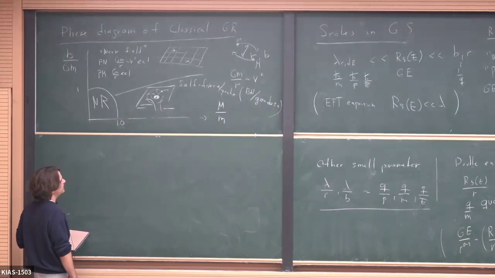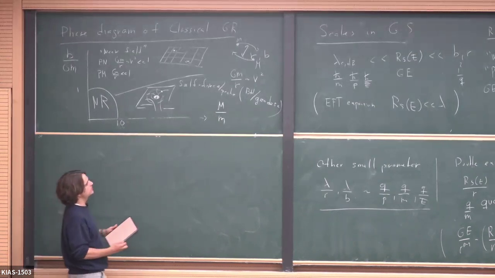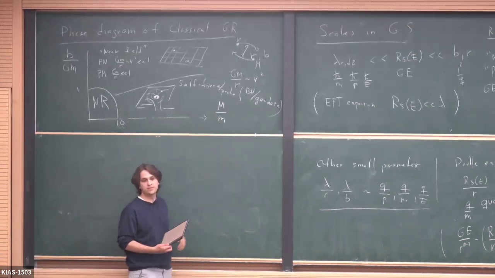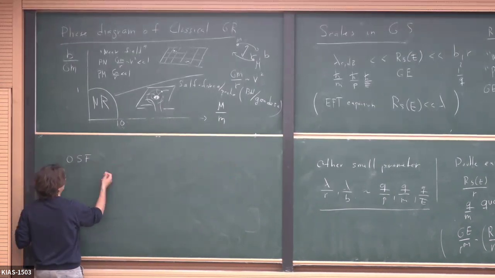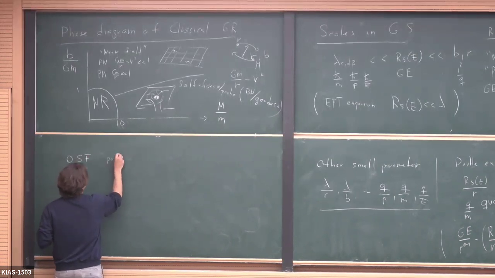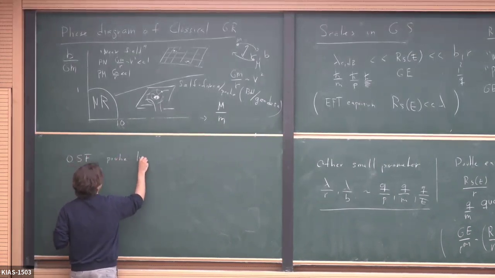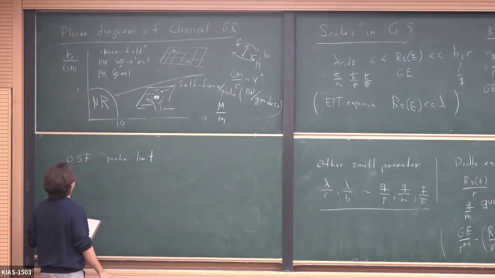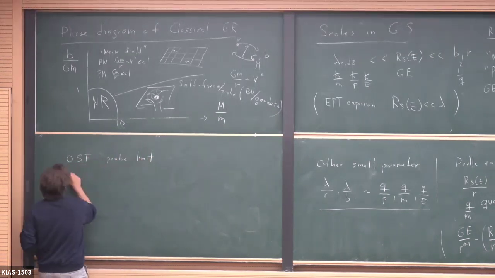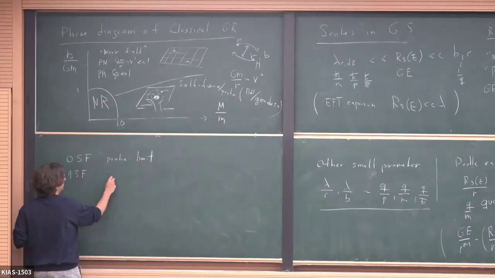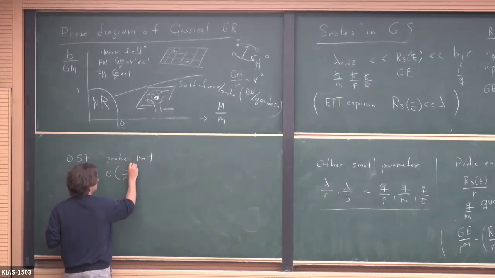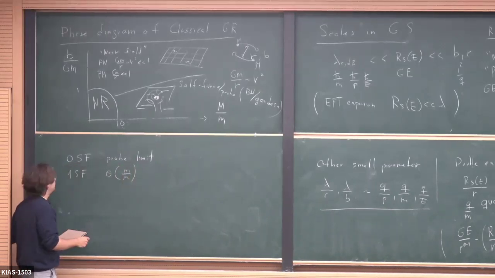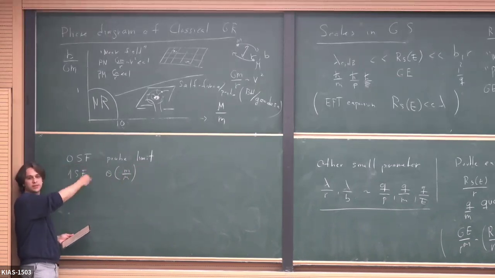So for instance, when we have some object, each correction in this mass ratio we'll call a self-force correction, right? So 0SF will be just the probe limit, and then 1SF will be the first correction that goes like little m over M, so that we have actually a small parameter, et cetera. And 2SF will be the square of that.